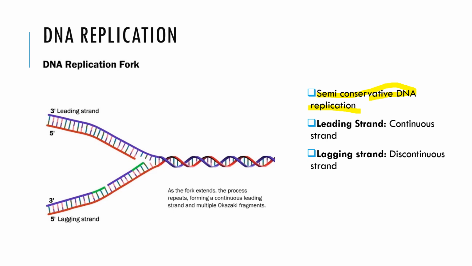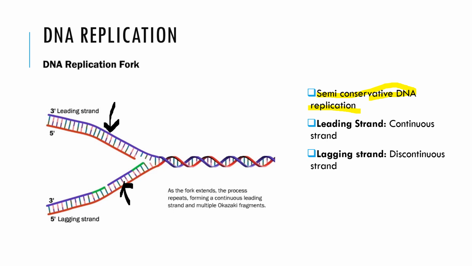Here you can see two strands, and during DNA replication the two strands get separated and opposite to them the newly synthesized strand is formed.